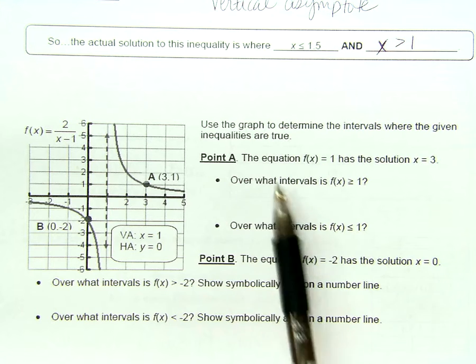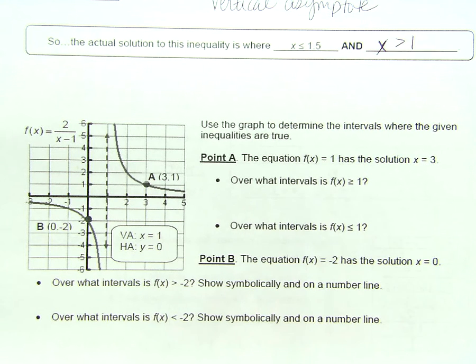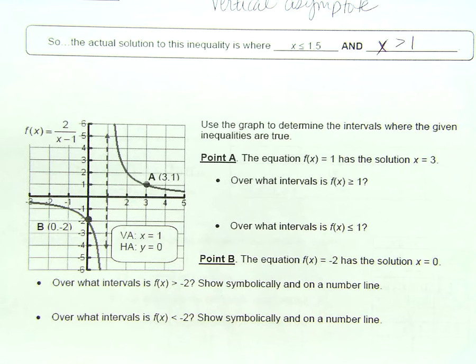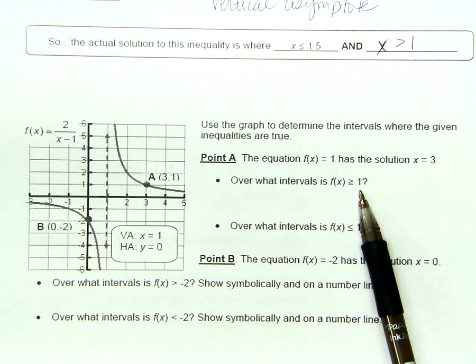Okay, so let's look at this graph right here with a point A and a point B. Okay, let's start just by looking at point A. The equation f of x equals 1 has a solution at x equals 3. Okay, over which intervals is the value of this function, the y values, greater than or equal to 1?